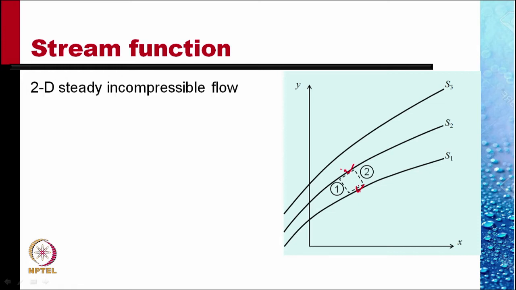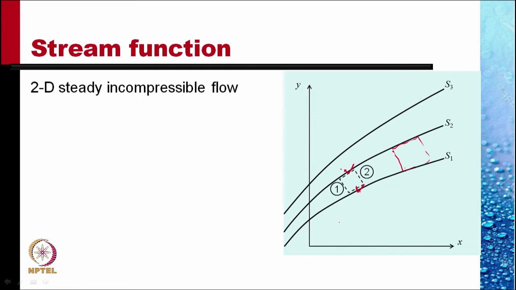If the flow is steady and incompressible, there is no accumulation of mass within the control volume, and so the mass entering at 1 should be equal to the mass leaving at 2. Since the locations of surface 1 and 2 are arbitrary, I could take the control volume anywhere between the two streamlines.